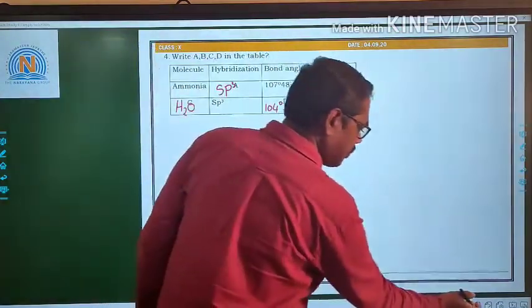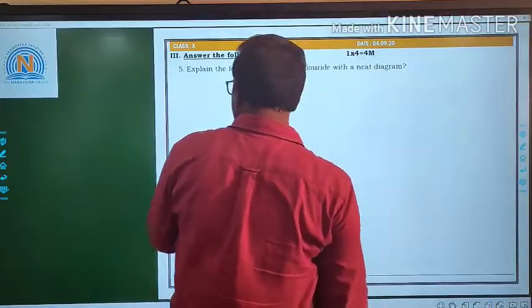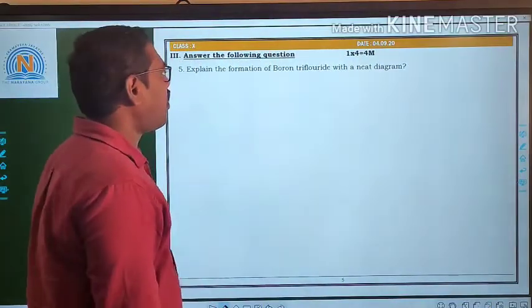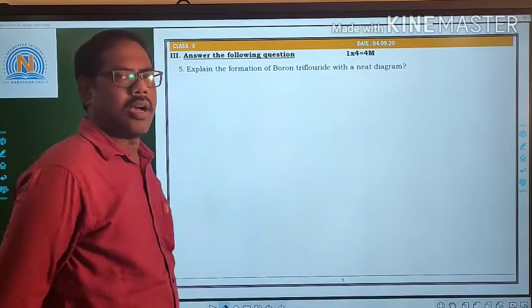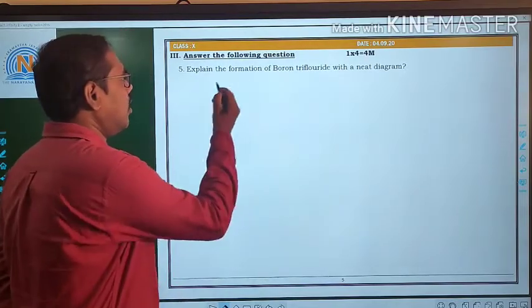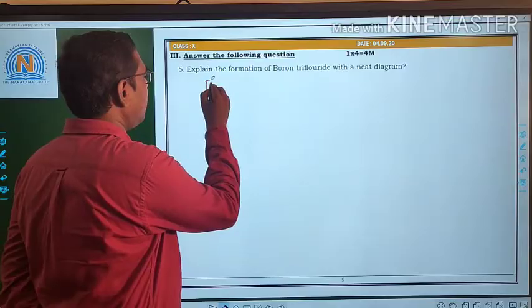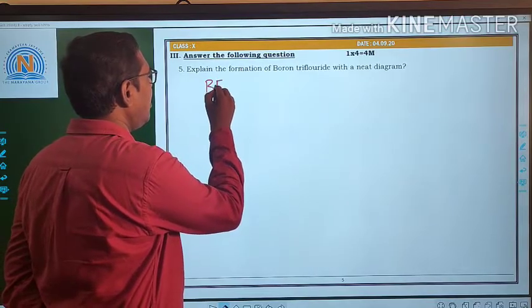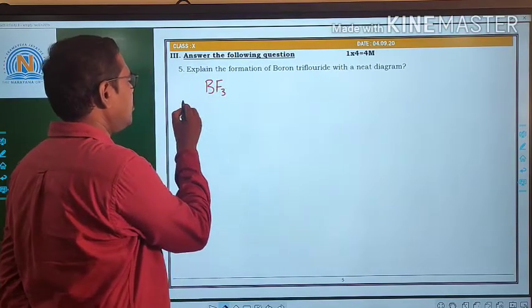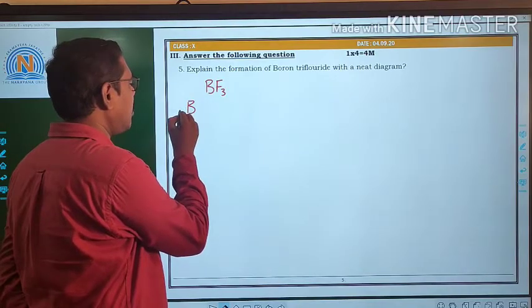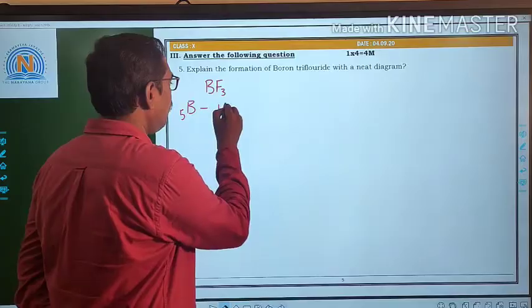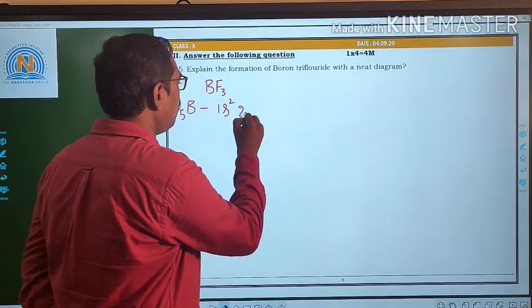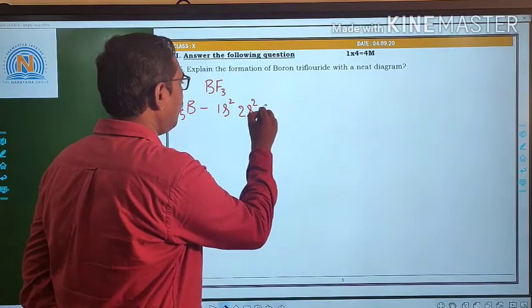Next, coming to the last question, explain the formation of boron trifluoride with a neat diagram. Boron trifluoride, formula BF3, in which the boron atomic number is 5. Electronic configuration is 1s2, 2s2, 2p1.